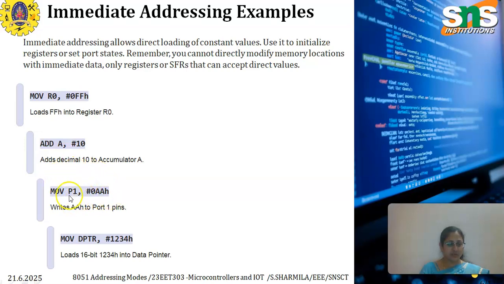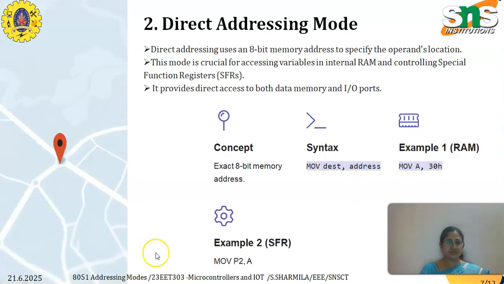We know that P1 is a port; normally we have four ports, P0 to P3. So the AA value is written to the port 1 pins. Next, MOV DPTR, #1234H: we load the data pointer with the value 1234H.